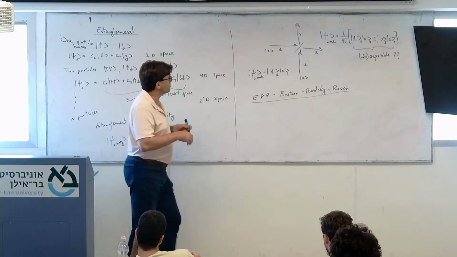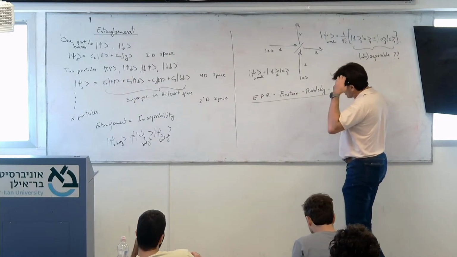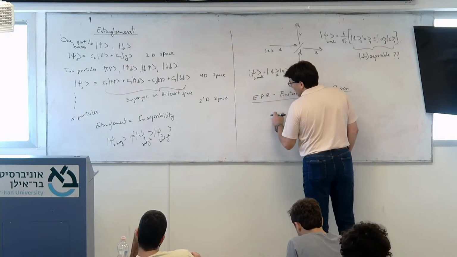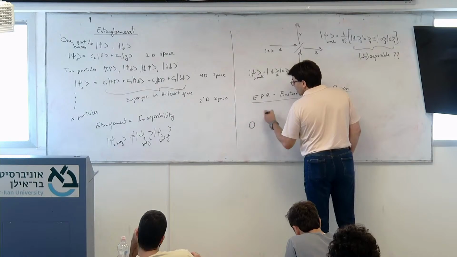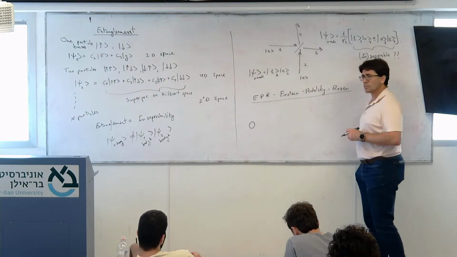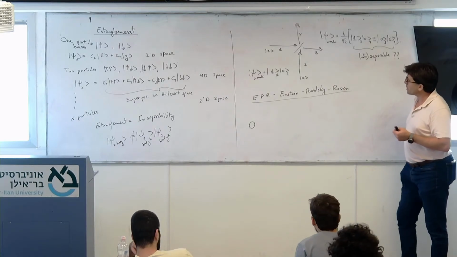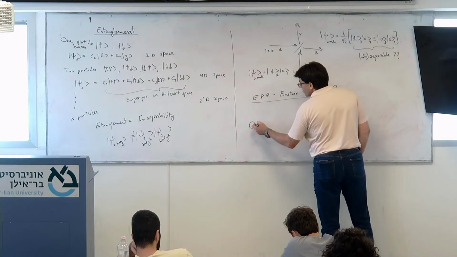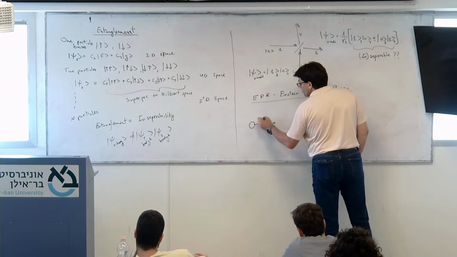In EPR the concept is as follows. What Einstein had in mind was to say, look, I have a particle, and this particle was moving with some very well-defined momentum.